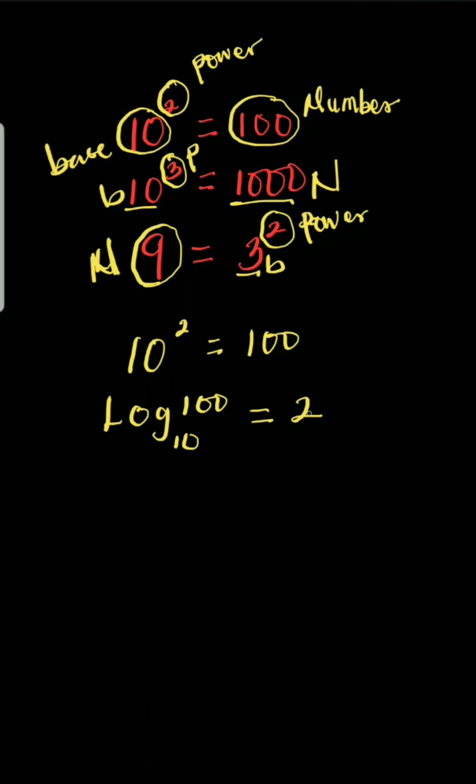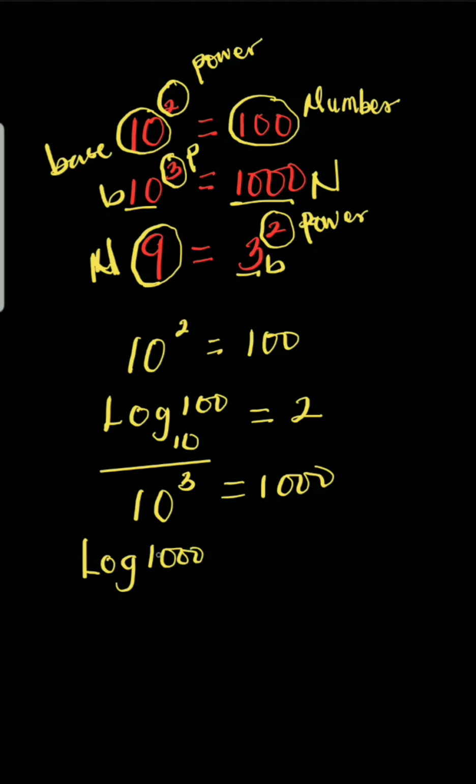And then if you evaluate just this expression on the left hand side, you will see that the value you will get is 2. The next one, 10 raised by 3 is 1000. Writing this in the logarithm form, the number is 1000, so it becomes log 1000 to the base 10 equals to 3.